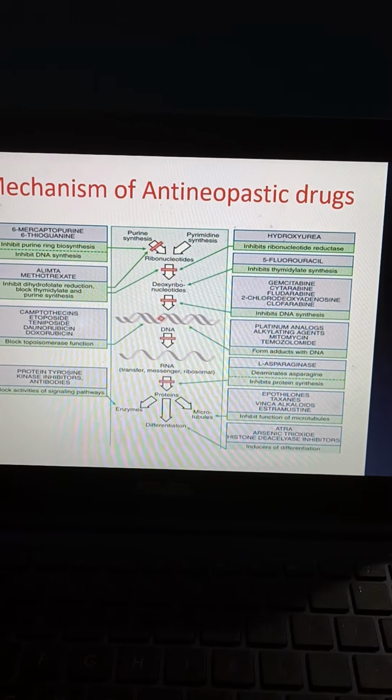Other drugs also act on G2; busulfan can act there. And checkpoints are there in the cell cycle. The cell cycle comprises G0, G1, S, G2, M, and in between there are checkpoints. G0 is the quiescent phase.